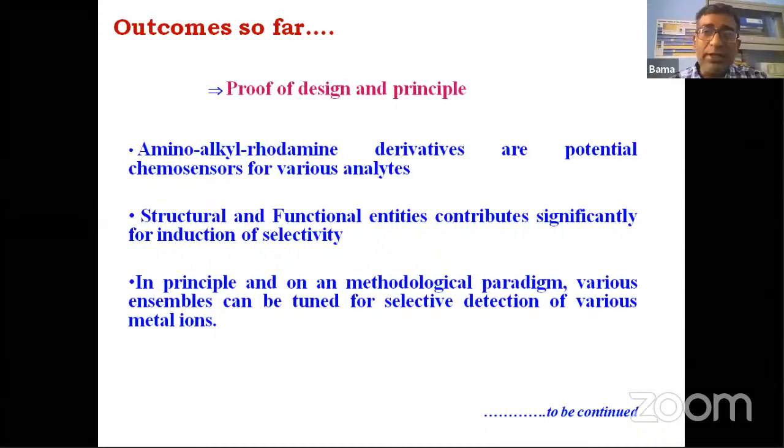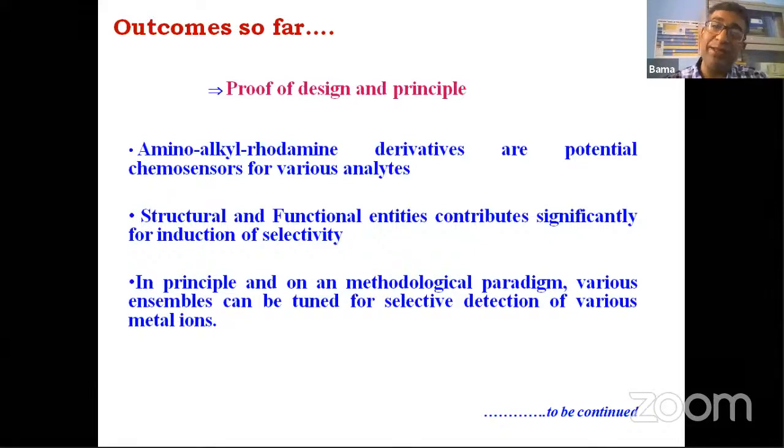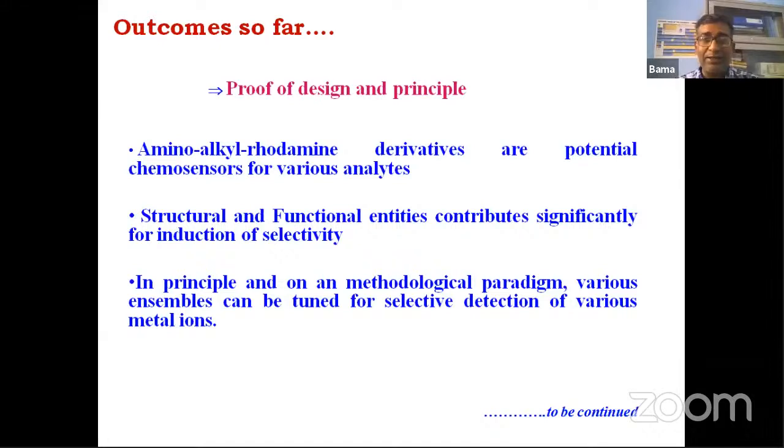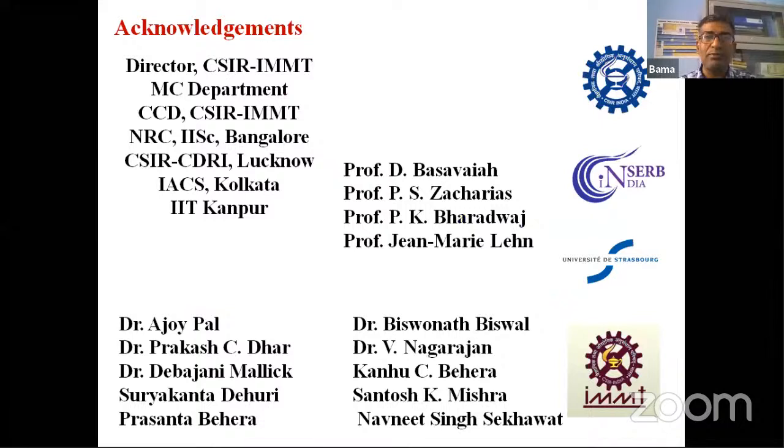So the structural and functional entity contributes significantly to the induction of selectivity. That's what I was talking about. In principle and on a methodological paradigm, various ensembles can be tuned for selective detection of various metal ions and various analytes, particularly the organophosphates, which we are still continuing. And this kind of work, of course, we are going to continue.